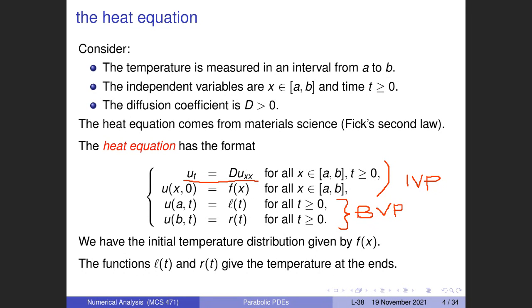So this problem is defined by a constant d in the coefficients, which is positive, the right-hand side function f of x, and then two functions L and R, which are depending on time. So these two functions define the temperature at the endpoints of the interval.